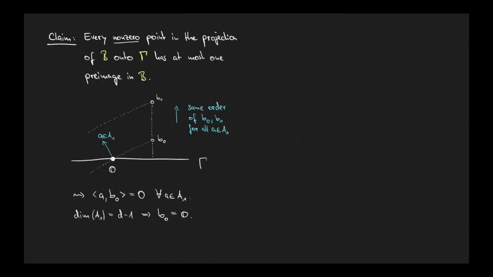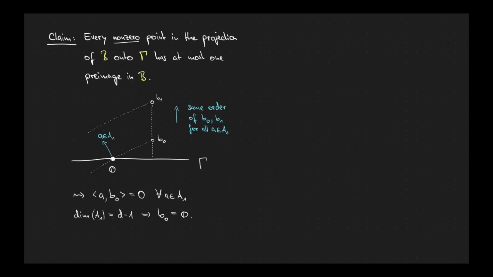This is gamma. Now suppose there are two vectors B0 and B1 that fall into the same image. Now just take any vector from A1. Then these two vectors B0 and B1 have scalar product 0 or 1 with that vector. And it turns out that they must have different scalar products with that vector A1, otherwise they're at the same point, as the picture indicates.